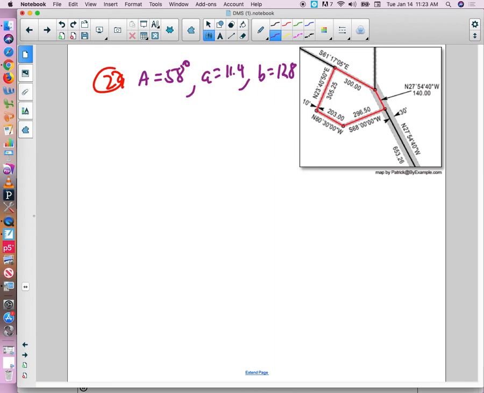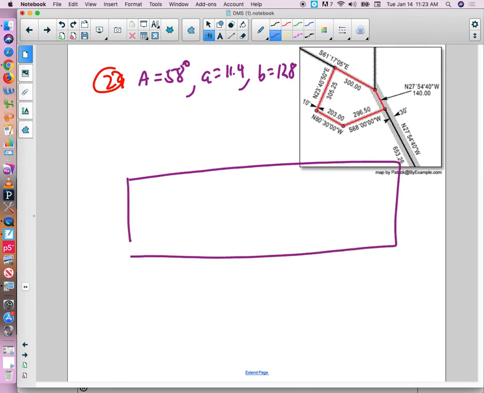Now I could have the ambiguous case. I could have triangle 1 and triangle 2. I'm looking for angle B, angle C, and little c. Do you see why it can be ambiguous? I have one angle. There's a lot of degrees left. One of them could be obtuse.